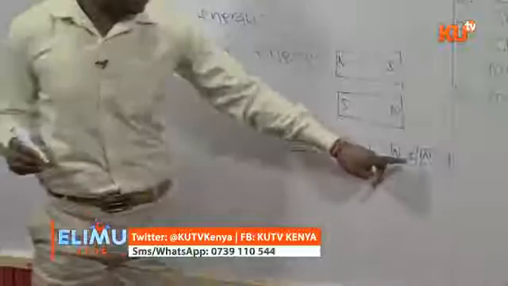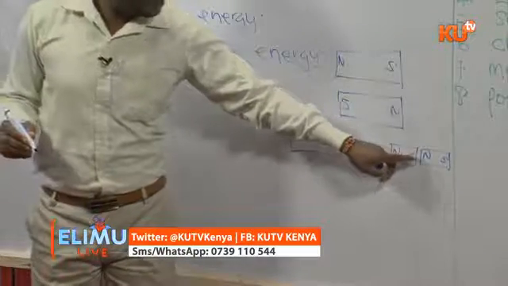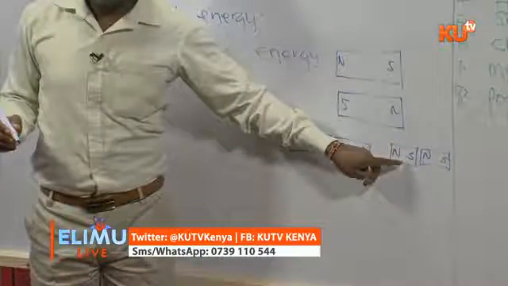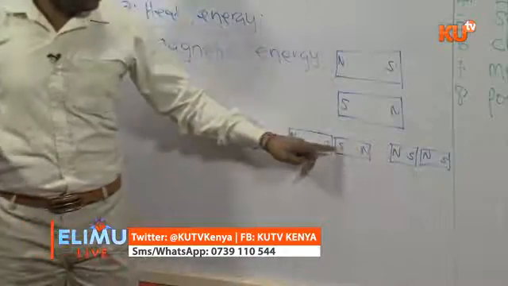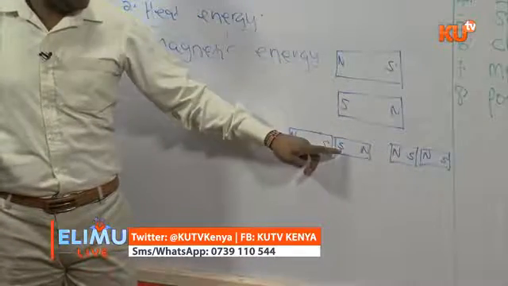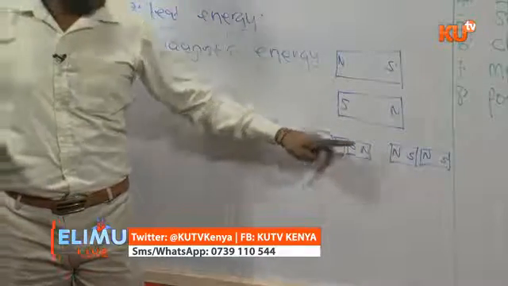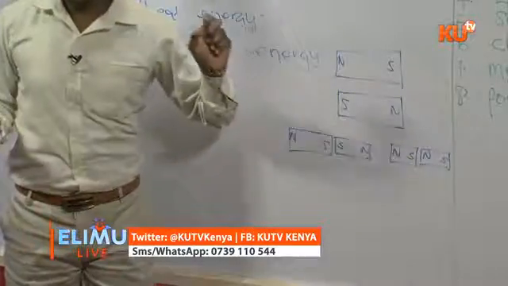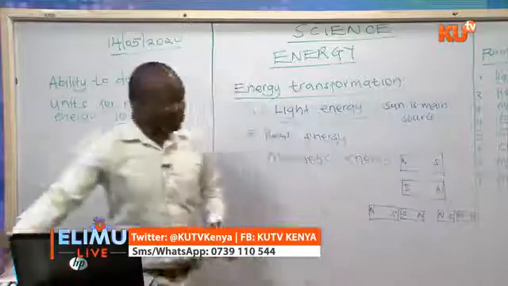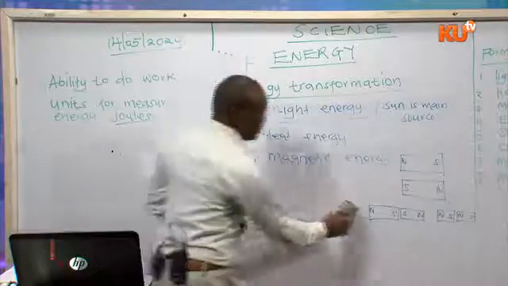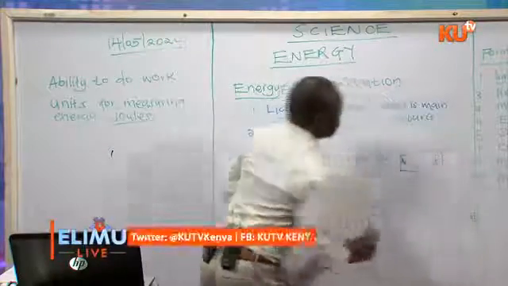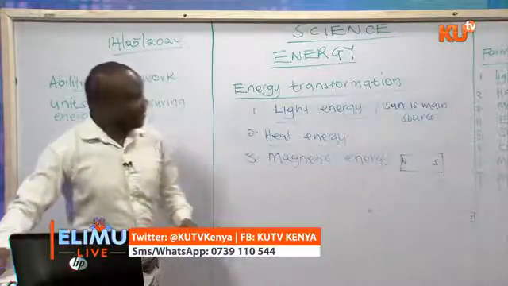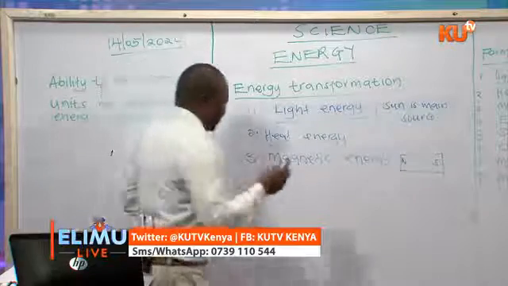These two magnets are going to attract because they are unlike poles. But these two are like poles. Like poles repel and unlike poles attract. Then there is also another part that I want you to know on electrical energy.